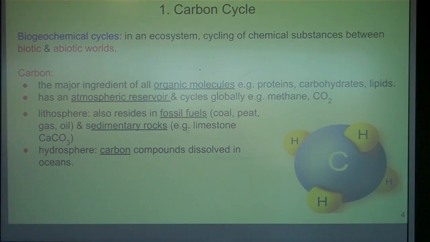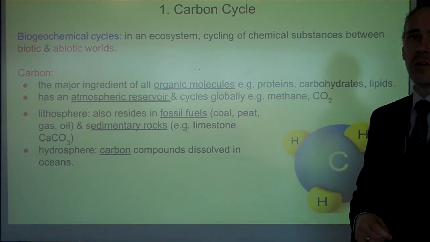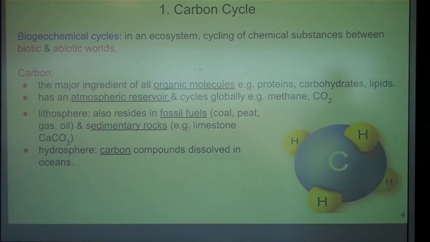Now, we don't do biogeochemical cycles in an assessment form for you guys. That's just the idea: cycling of chemical substances between biotic and abiotic worlds. You won't even need to write that down. You just need to understand this idea that matter cycles.